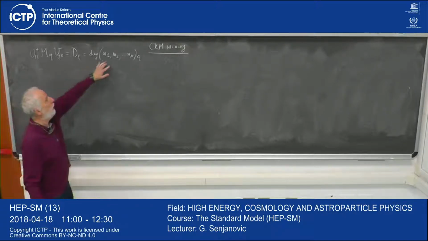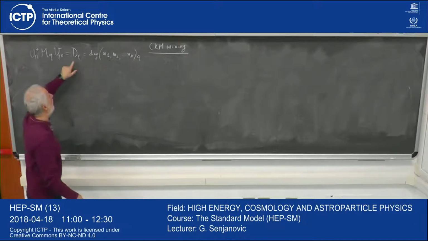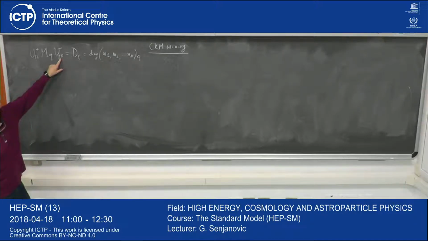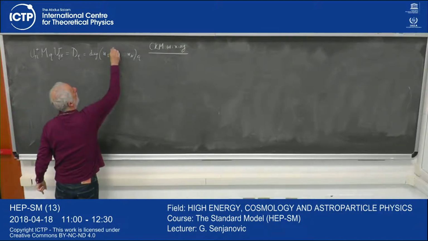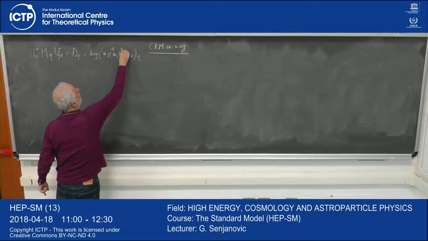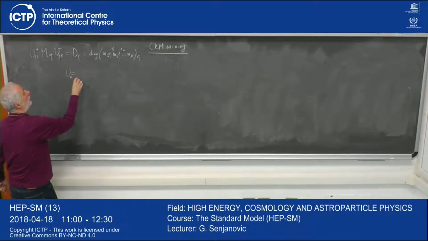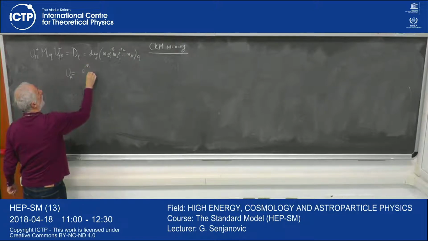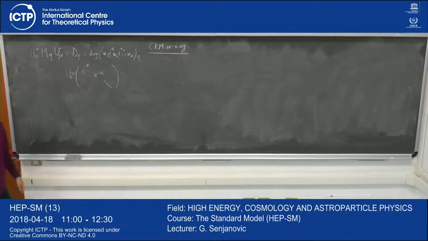Pay attention that I can always choose this to be a real and even positive number. If you put a phase here, I will use the freedom here to rotate the phase away. Suppose that there was e to the i phi 1, e to the i phi 2. Well, notice that this particular right-handed rotation, e to the i phi 1, e to the i phi 2, and so on, is unitary.